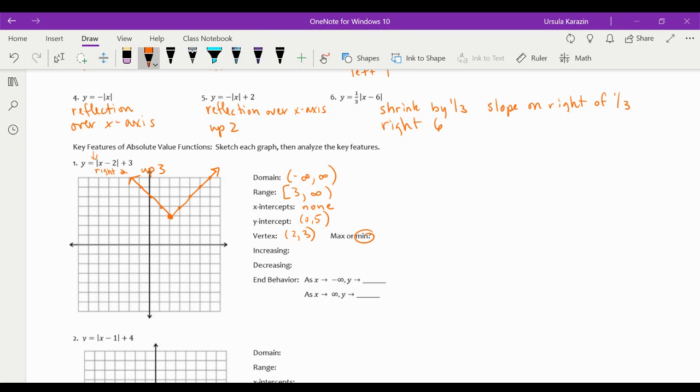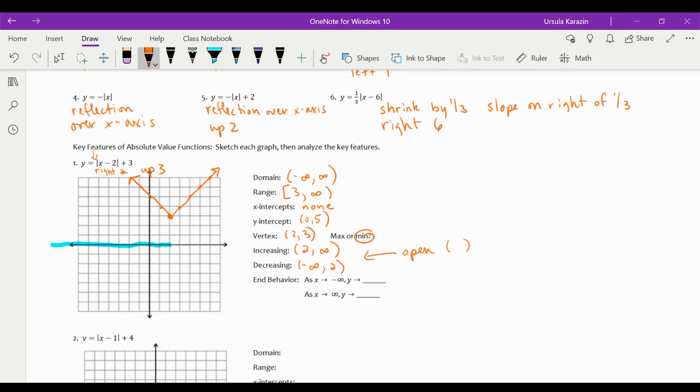And then the interval that it's increasing. So this one, if we walk along, coming from the left, this graph will be decreasing. It's coming down to that point. So from negative infinity to 2, it was decreasing. And then it starts increasing at 2 to infinity. Remember, those are open parentheses.